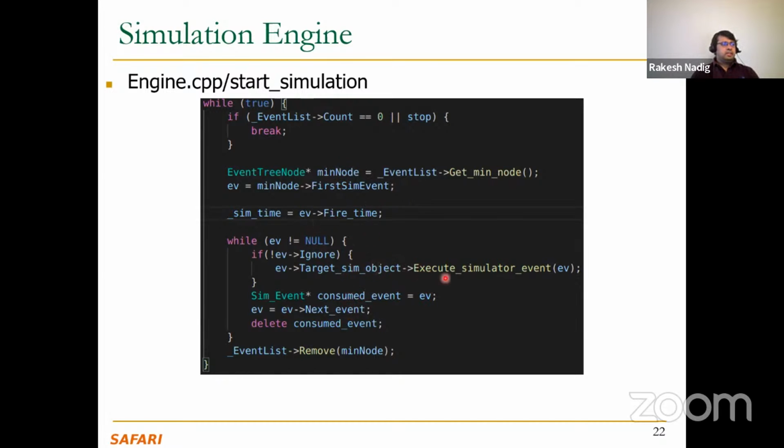To fire the event, it uses the execute simulator event interface with that object. Once it calls that simulation event, it deletes the event from the red black tree, because it has already been triggered. This is the basic idea of the start simulation function.